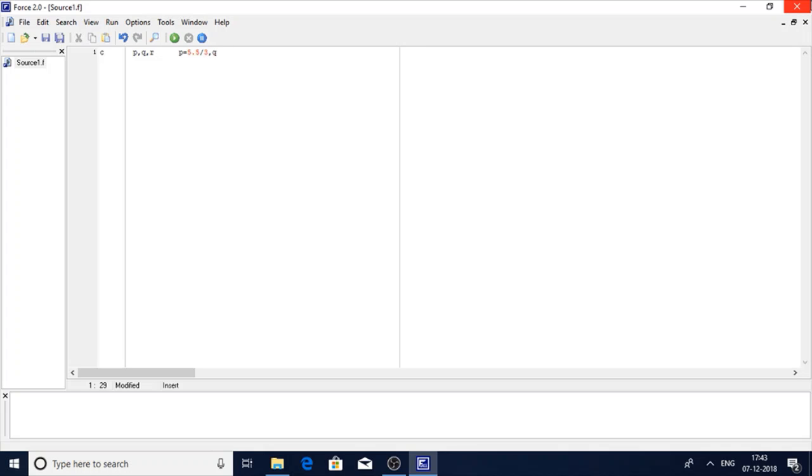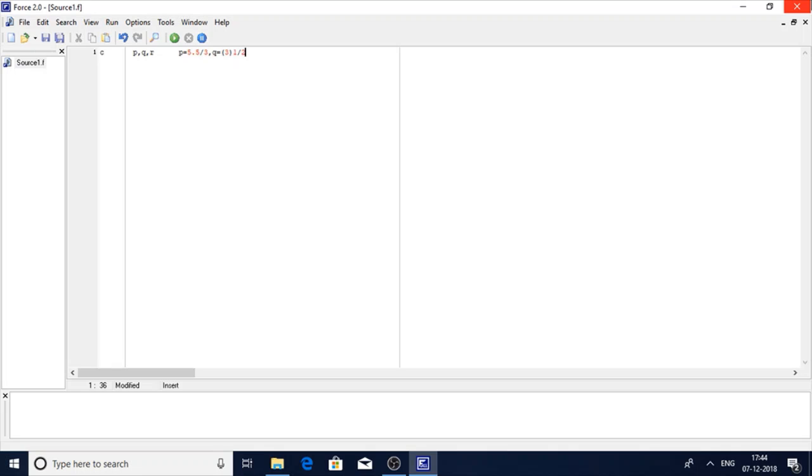Q is equal to square root of 3 divided by 2. All right.